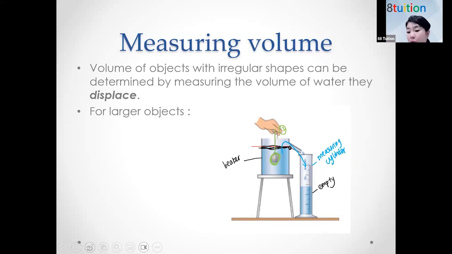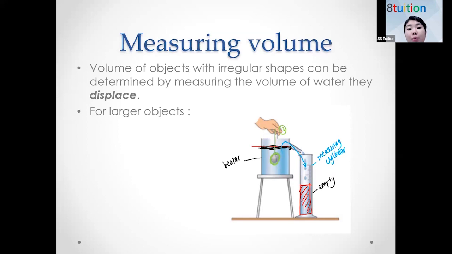So the volume of the rock will be this volume. Do we understand? So this is another method to measure the volume of a larger object that cannot be found using a mathematical formula.